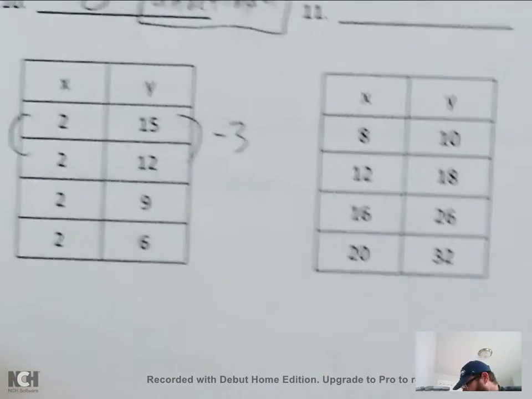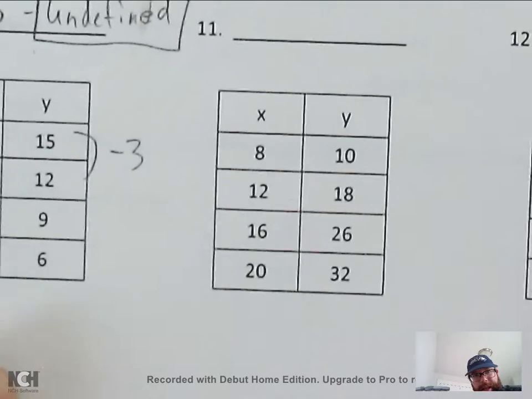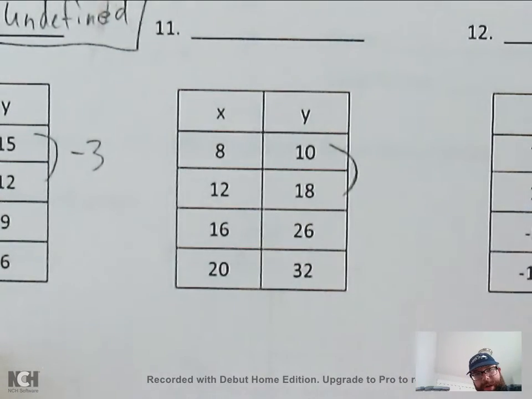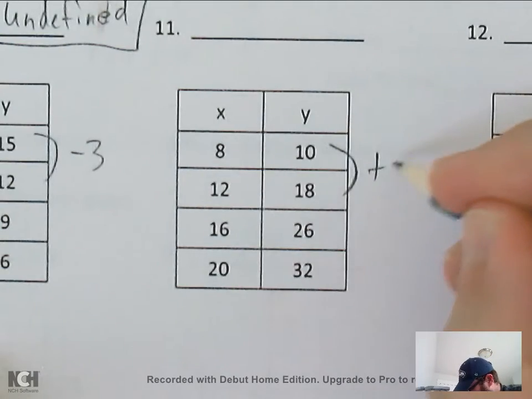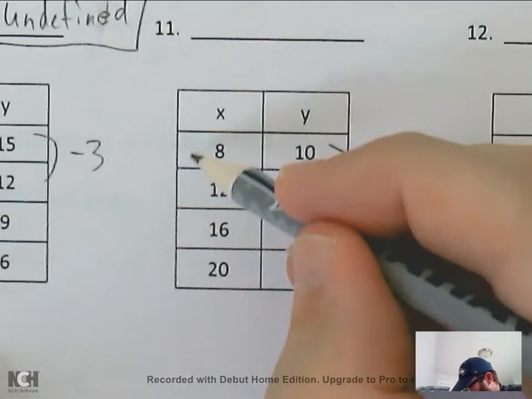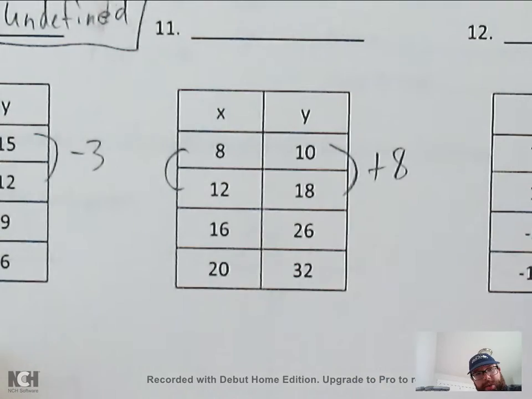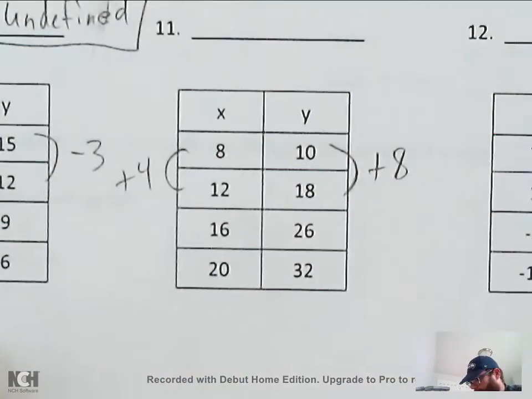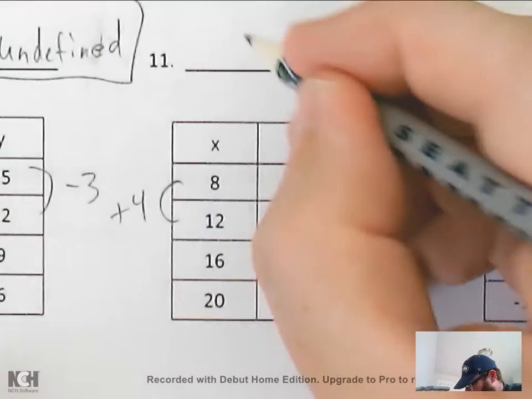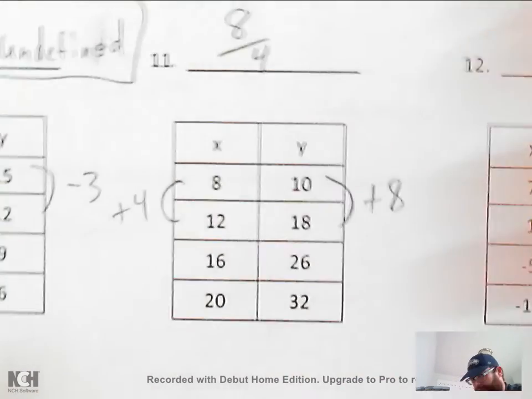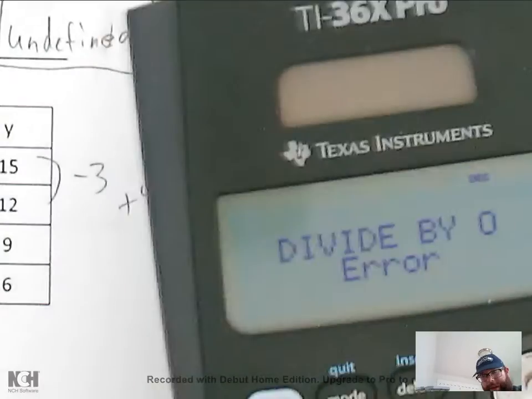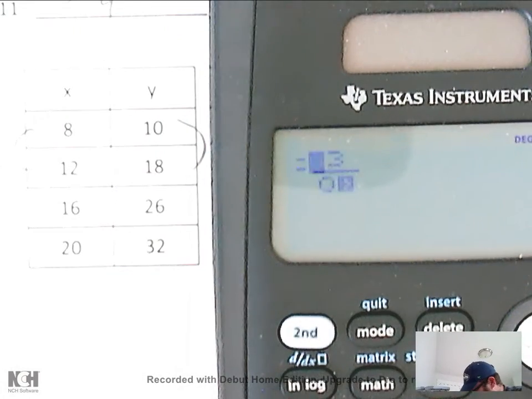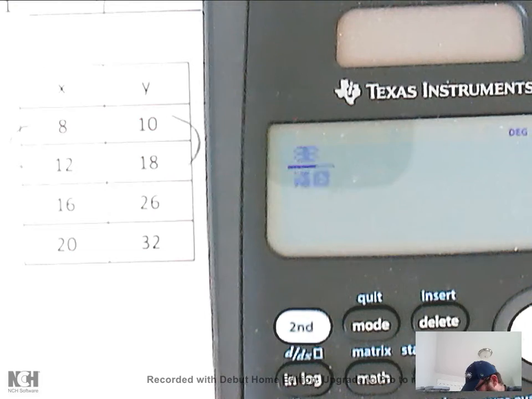Okay. And then this one, again, we're looking for the change in y, which is adding 8, right? 10 to 18, add 8. Goes from 8 to 12 on the x, so that would be adding 4. So when you put it together here, it'd be 8 over 4. Now, I know you guys can probably do this in your head real quick, but just to show you, the calculator does it for you.